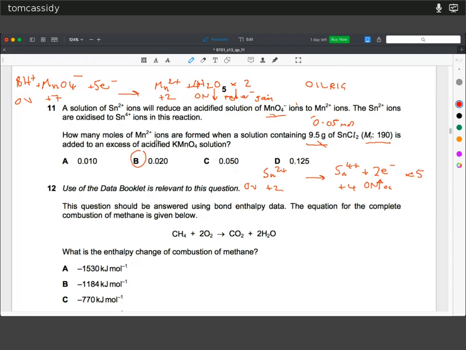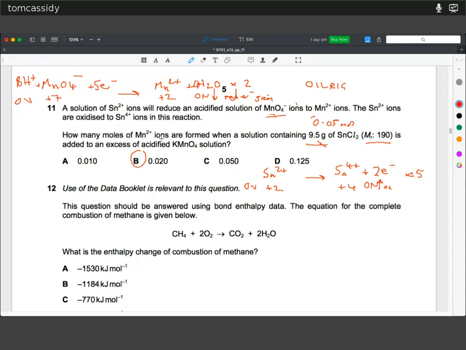So we figured that out by doing the two half equations, the reduction and the oxidation, and seeing that if I want to balance the electrons, I have to multiply this one by 5 and that one by 2, add them together, and gives us a stoichiometry of 5 tin to 2 manganate.